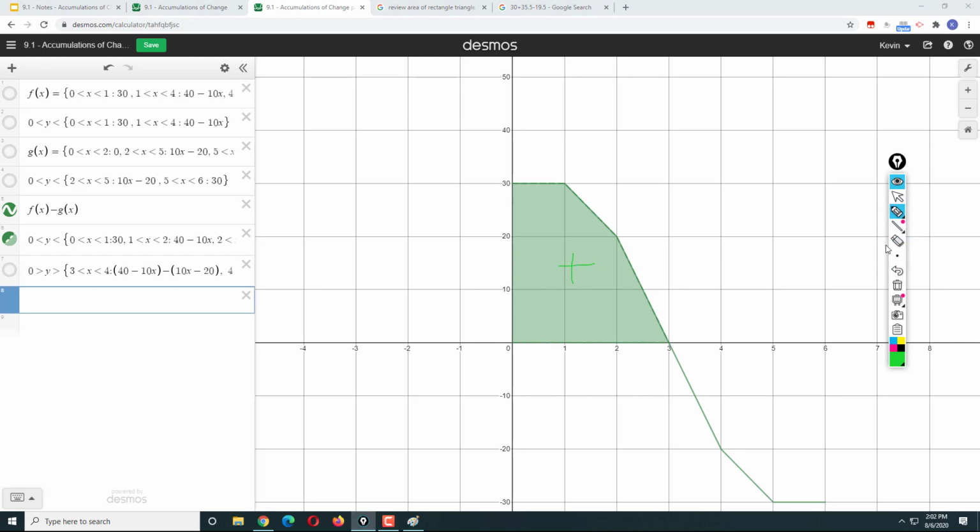And this part, because people are now leaving the supermarket, is the area below the graph, and that's negative. Sum these two areas together, the positive and the negative, and we will get 0.